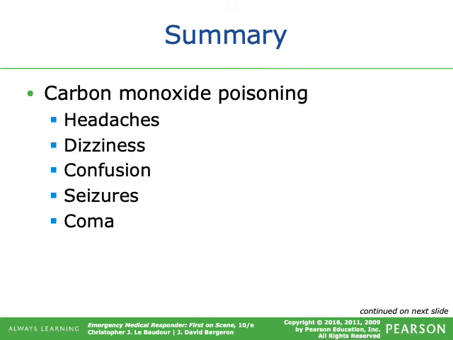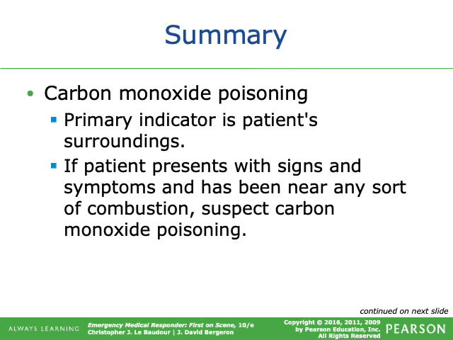Carbon dioxide poisoning symptoms are going to be headaches, dizziness, confusion, seizures, or coma in severe cases. A primary indicator is going to be the patient's surroundings. If they're in a house fire, that's a good indication that they may have carbon dioxide poisoning. If the patient presents with signs and symptoms and has been near any sort of combustion, suspect carbon dioxide poisoning.